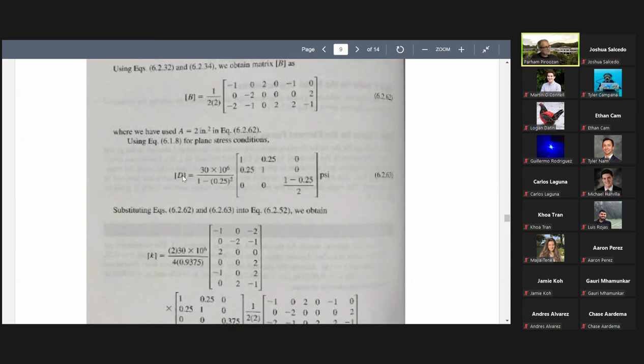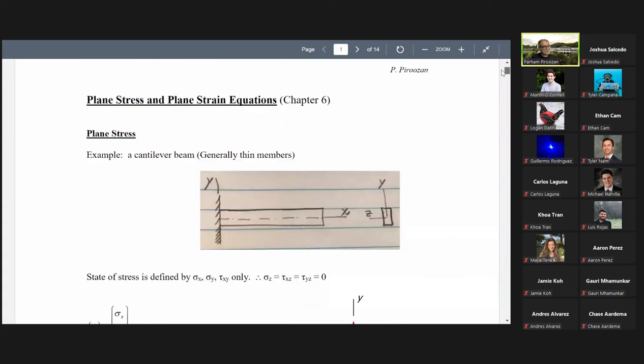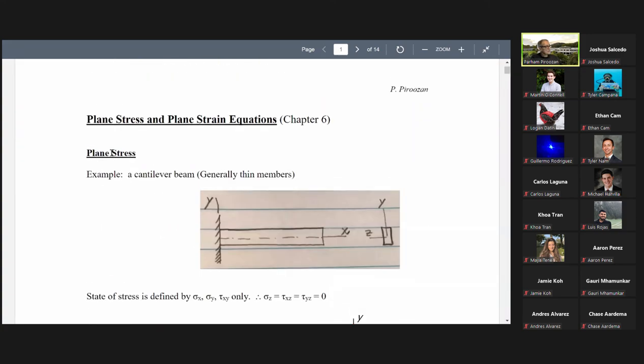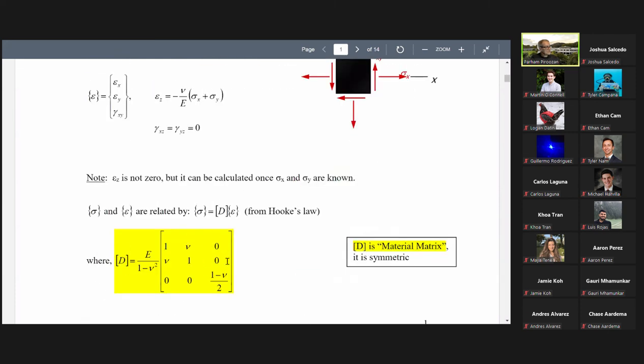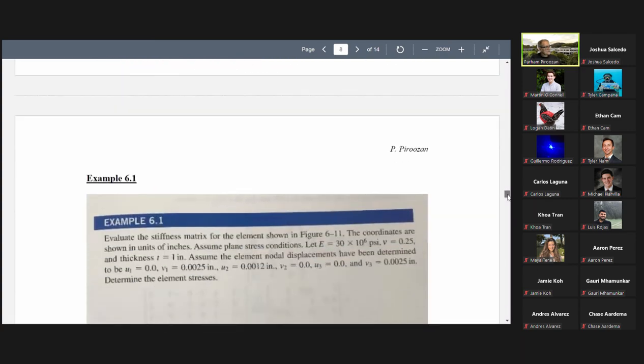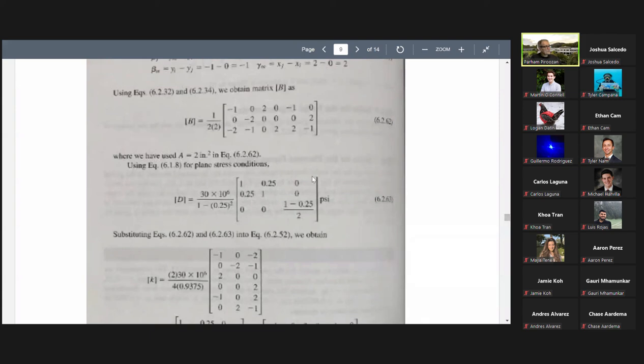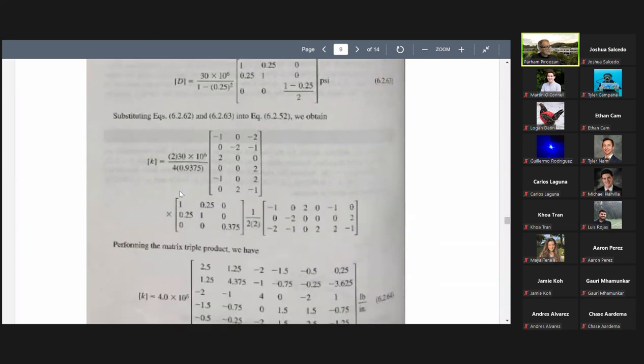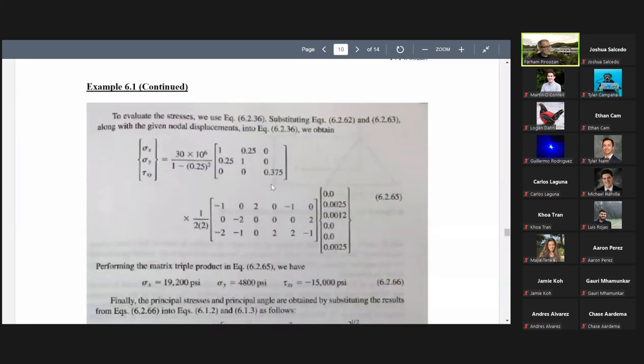Plane stress is given by this matrix D. So our stress would be D B d: this is the material matrix D, this is B, and this is the nodal displacement, which we will discuss later.